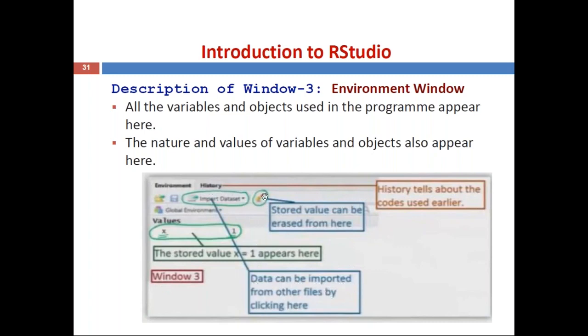This brush icon erases stored values. The history tab tells about the codes used earlier. In the R console window also, whenever you move up, previous commands show, but by clicking history, all the previously executed commands are shown here. In place of values, suppose x is 1, the stored value of x appears here. That is the description of window 3, the environment window.